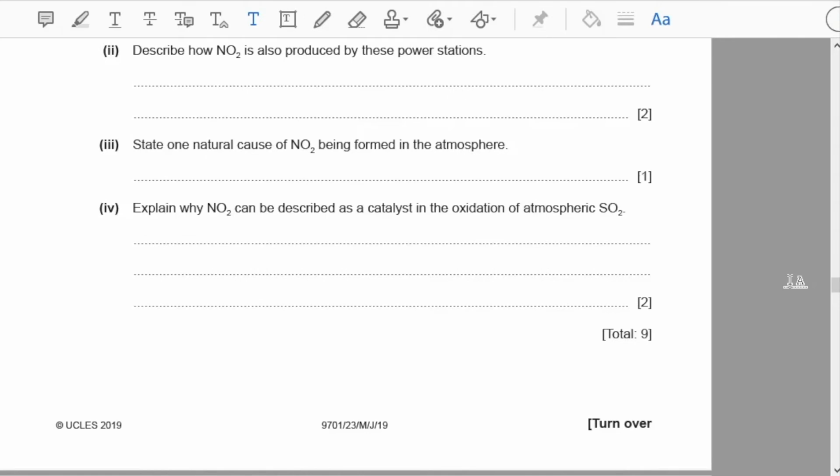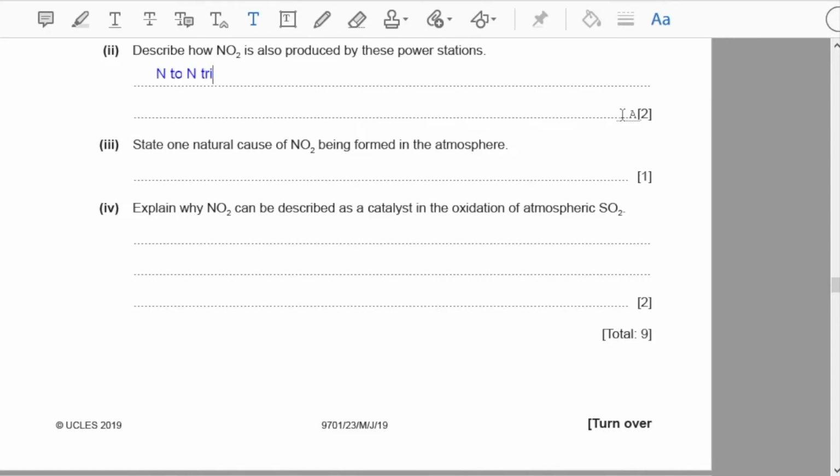Part 2, describe how nitrogen dioxide is also produced by these power stations. So nitrogen forms the largest percentage in the air composition. However, due to its triple bonding, it's difficult to break. A lot of energy is produced, which is used to break that N to N triple bond. And this nitrogen as well as oxygen comes from air.